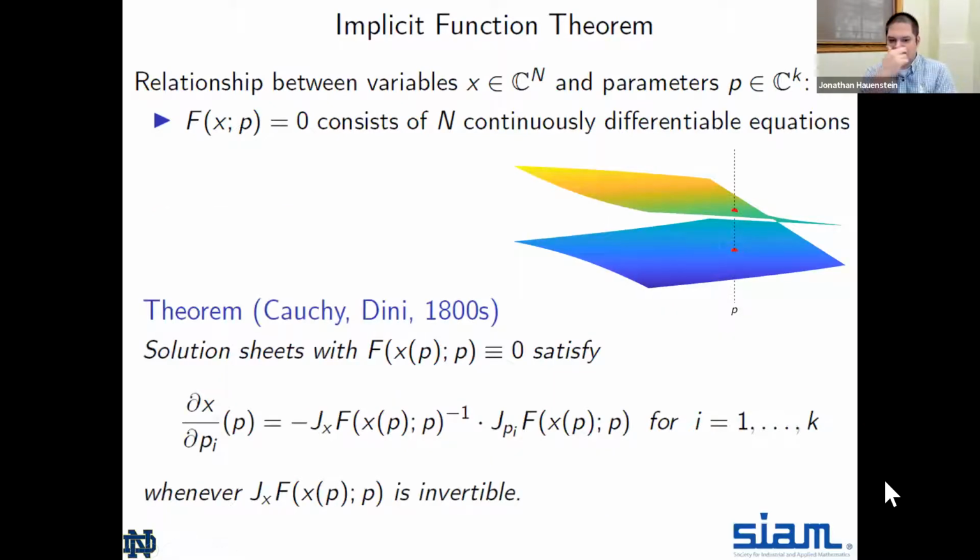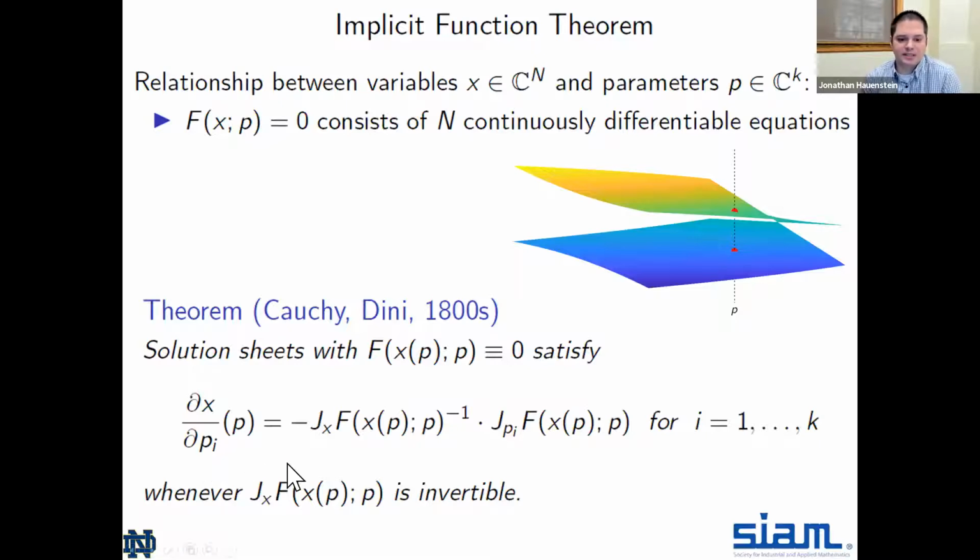The implicit function theorem is by Cauchy and Dini in the 19th century. It tells you that if you have these solution sheets, then you have a nice system of partial differential equations. The partial differential equation tells you how the solution sheet changes with respect to each one of the parameters.